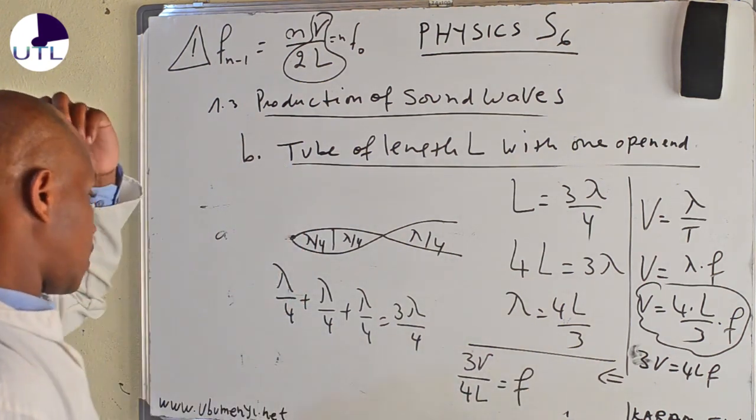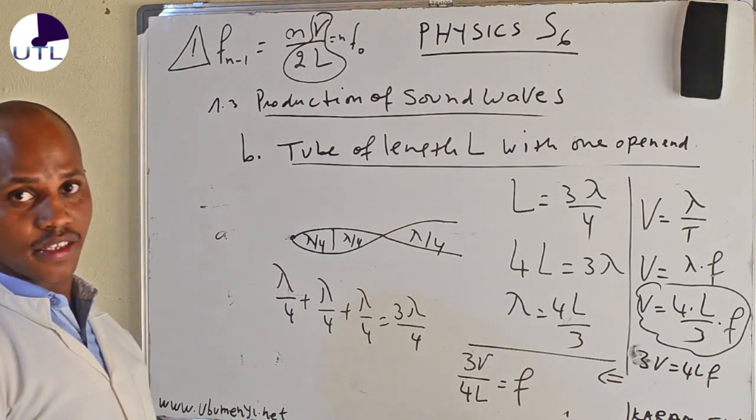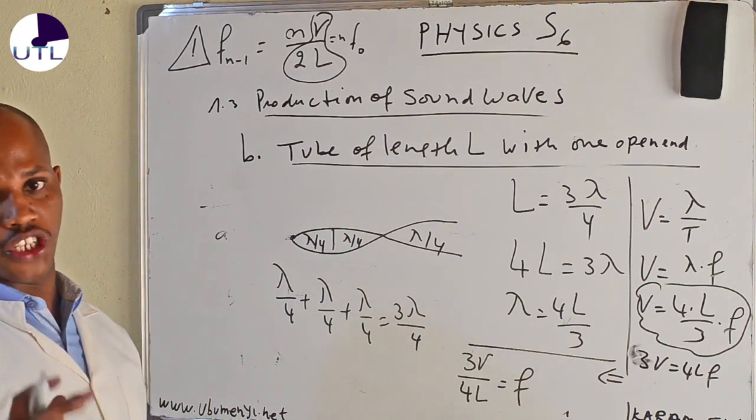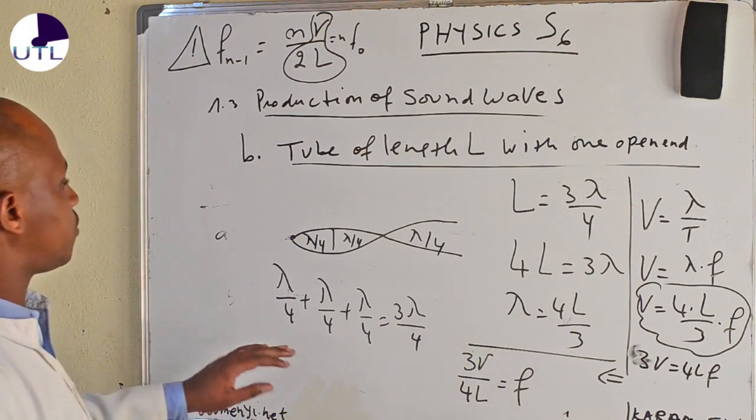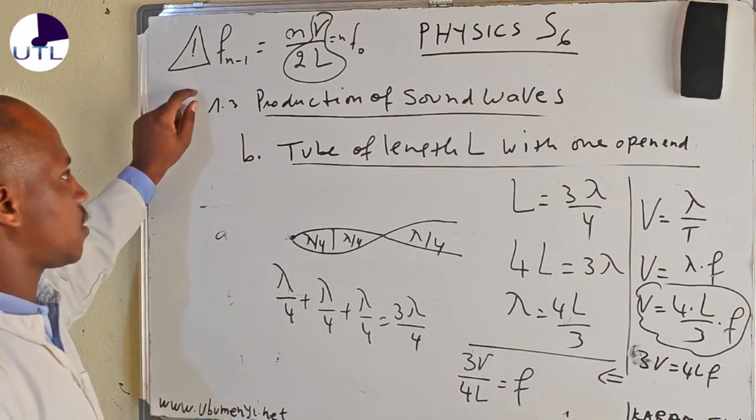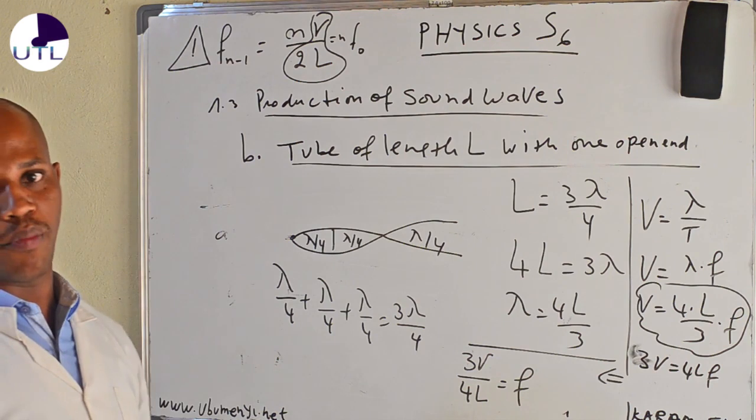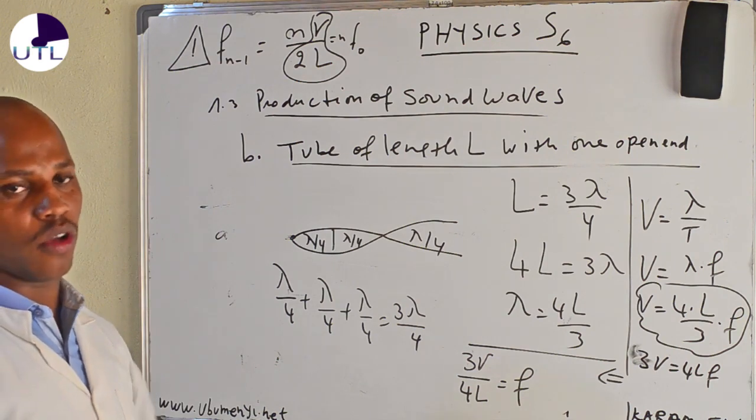Let's take another example, then you can generalize by finding the general formula, as you saw for the first case where we had a pipe with open ends.